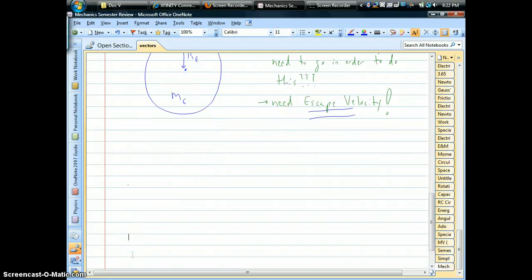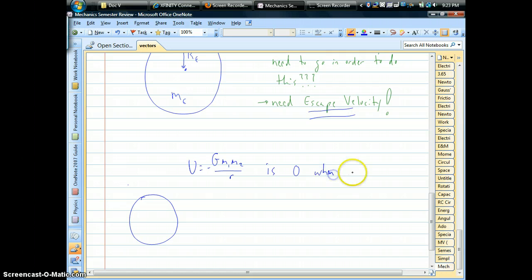So what this means in the gravitational sense is, let's say you've got the Earth. And according to our new expression here, GMm over r, where is this 0? Well, it's 0 when r approaches infinity. In other words, when you're far away.